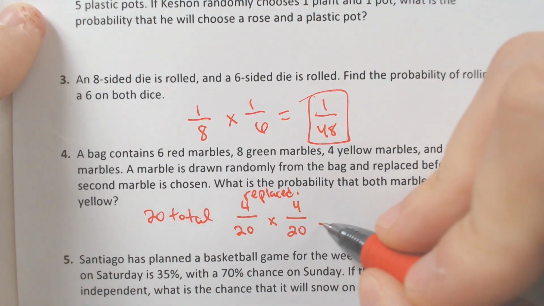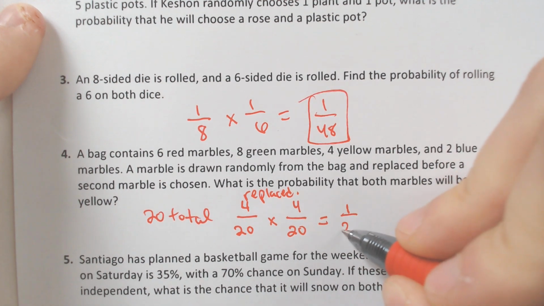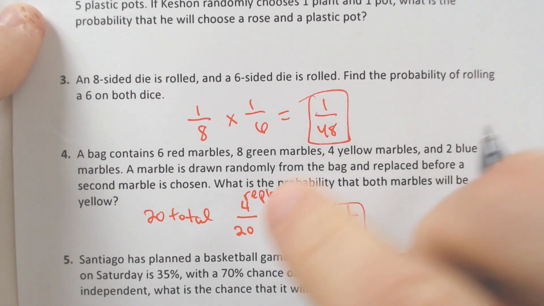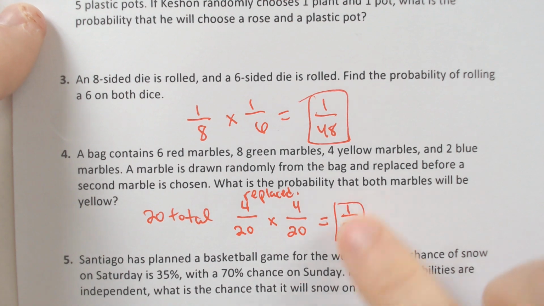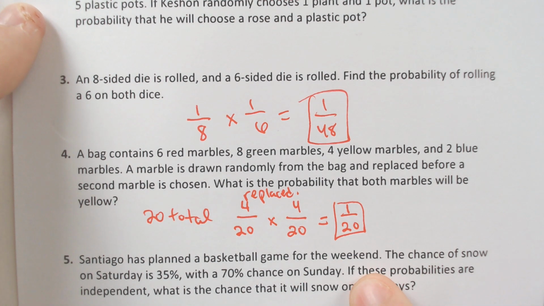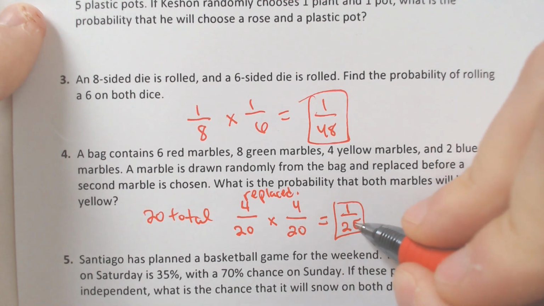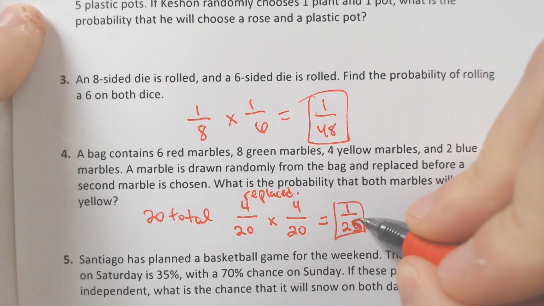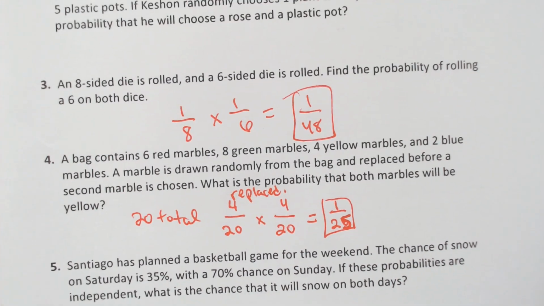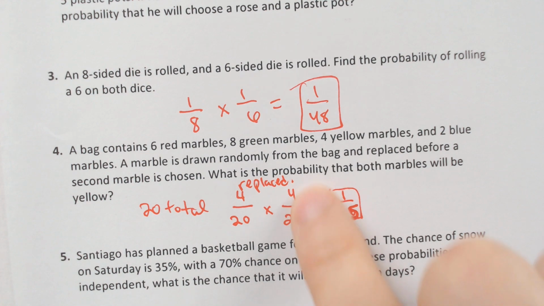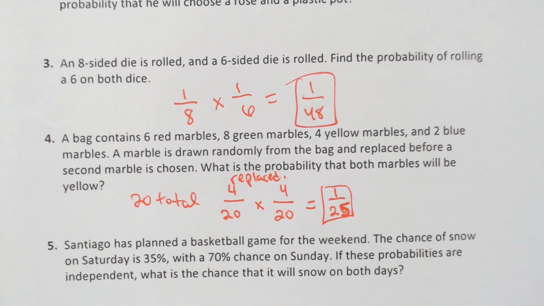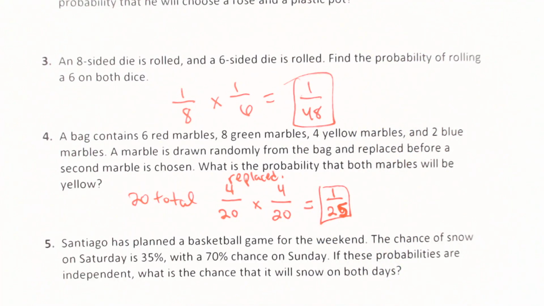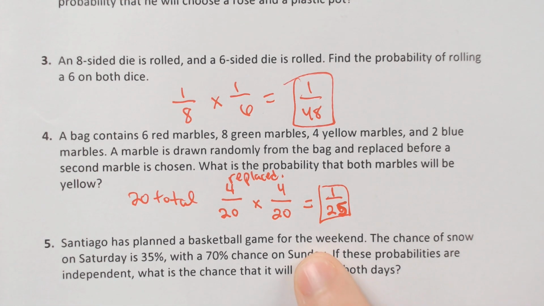So if we multiply those together, you will end up with 8 out of 400, which simplifies down to 1 out of 25, excuse me. Because if you simplify 4 out of 20 and 4 out of 20, you end up with 1 out of 5 each. You could also use a handy-dandy calculator to do it. So that's with it being replaced.